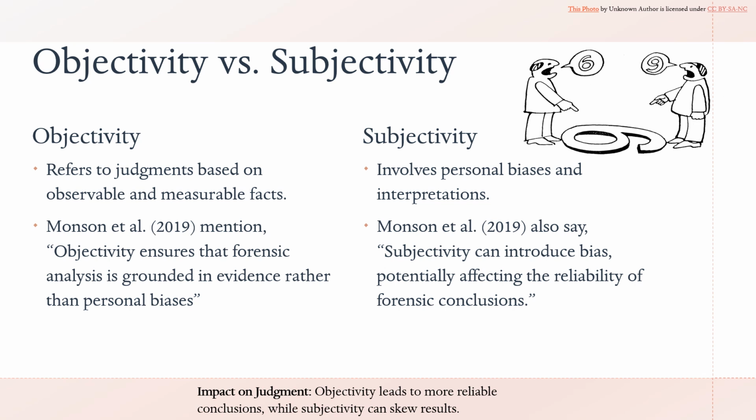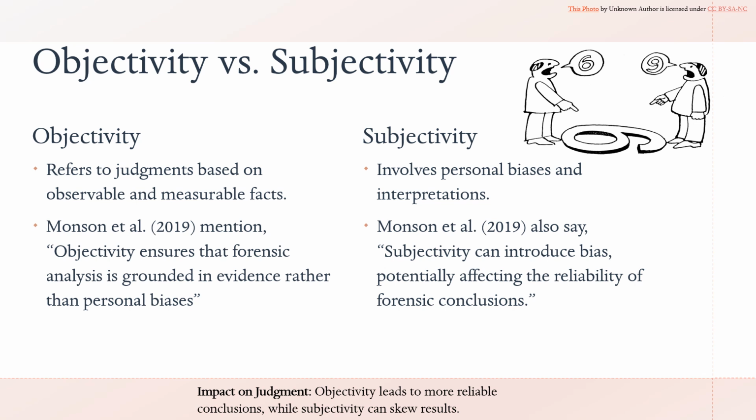Your subjectivity, on the other hand, is the opposite. It involves your personal biases and interpretations, what you think about something. In that same article, they also say that subjectivity can introduce bias, potentially affecting the reliability of forensic conclusions. Now, how does that impact the judgment? Well, your objectivity leads to more reliable conclusions, while your subjectivity can skew your results.